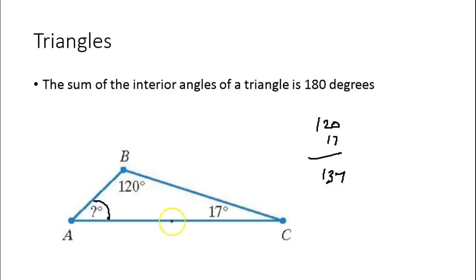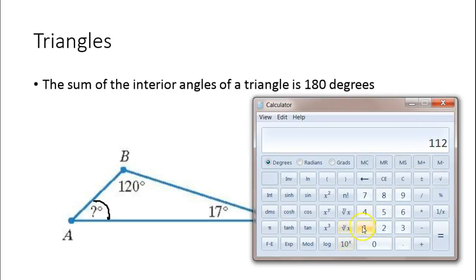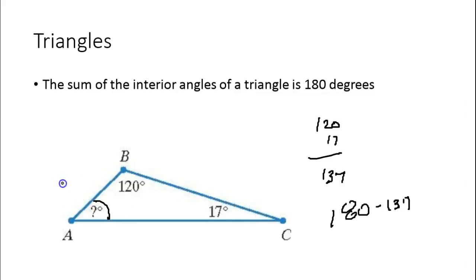So I know that this angle has to be 180 minus 137, because the sum of those interior angles of a triangle is equal to 180. So let's look at that. 180 minus 137 equals 43 degrees. Therefore, I know the measure of that angle right there is 43 degrees. Easy enough.